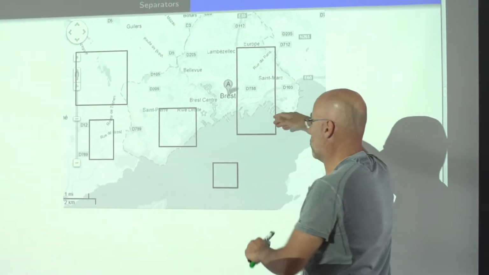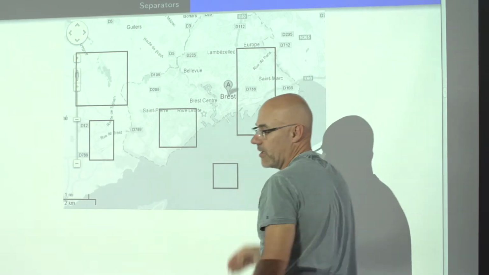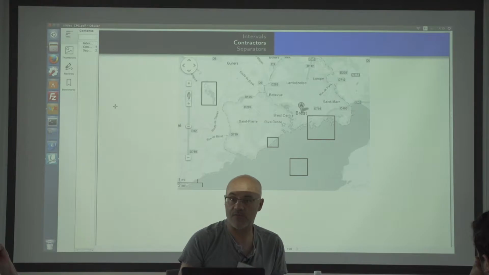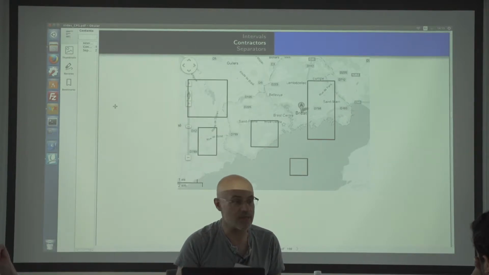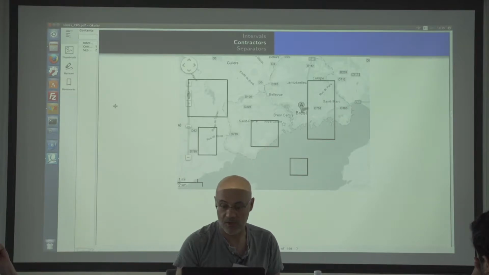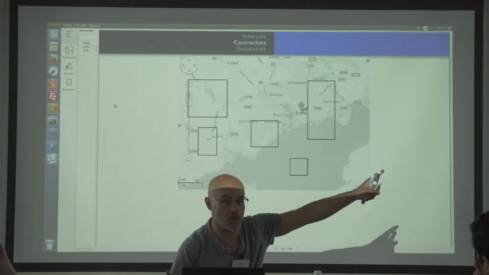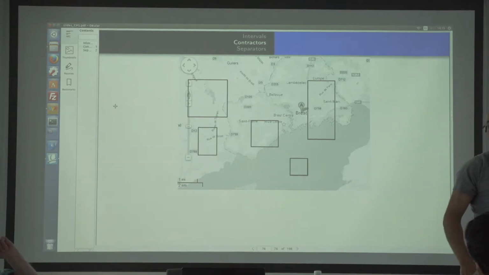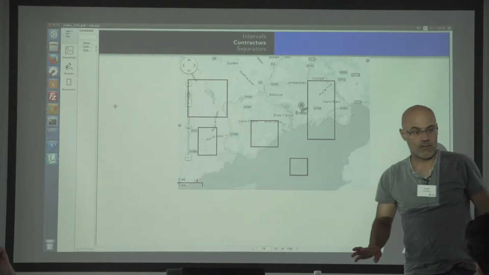Since I know it is under water, it cannot be here, and I can contract it. So we have some specific algorithm which makes it possible to contract even if I have no equation. But after I will show how to combine with other types of contractors coming from equations. It's okay?